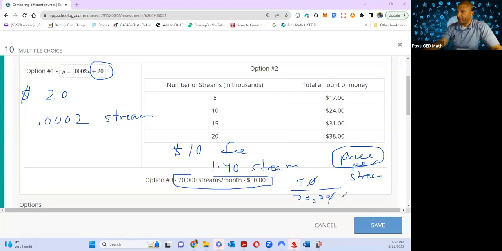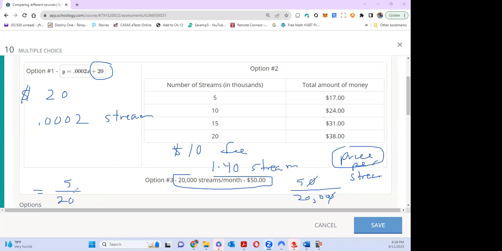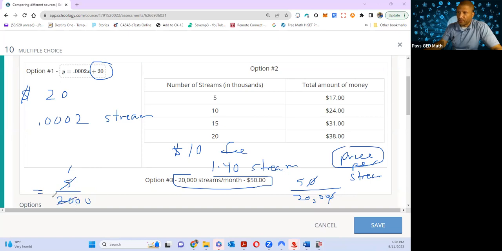Again, mental math. Equal 5 over 2,000. Oops, I wrote one too many zeros. 5 going into 5 is 1, 5 going into 2,000 is 400. 1 over 400. Now, convert that to decimal.